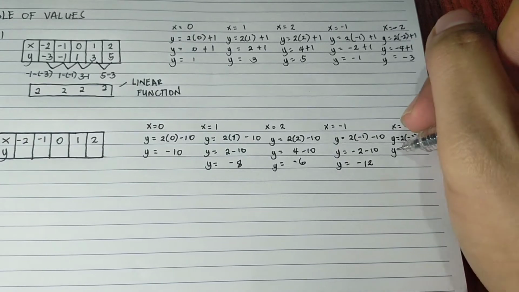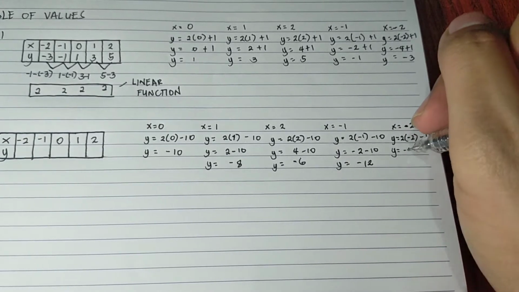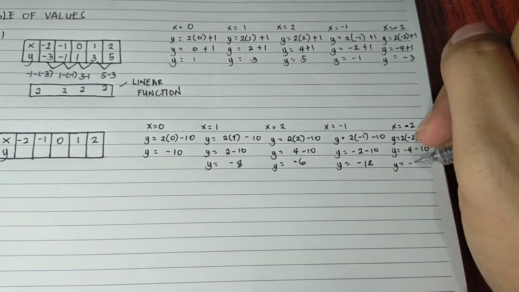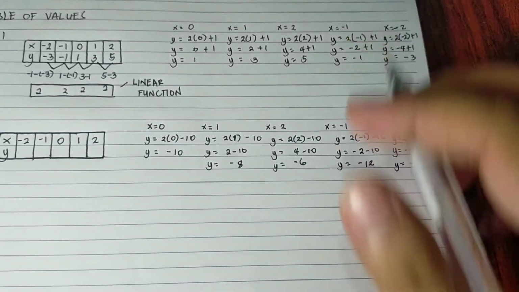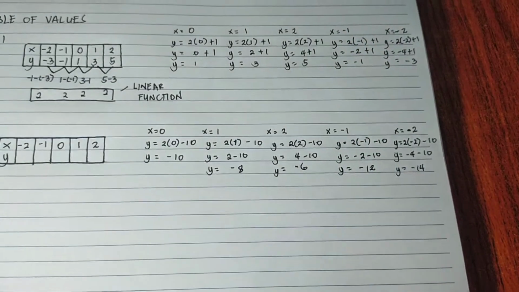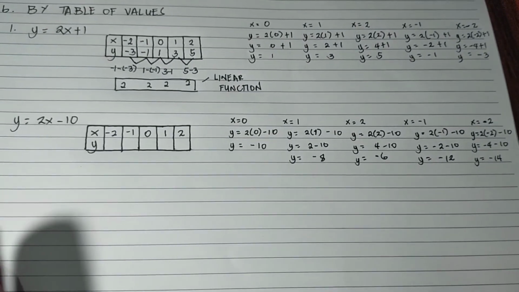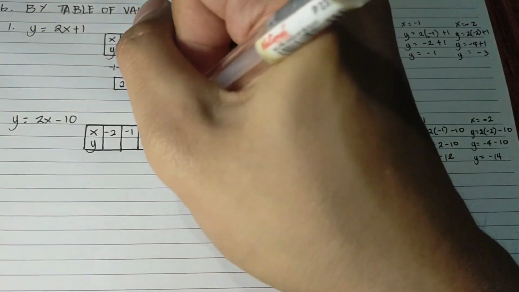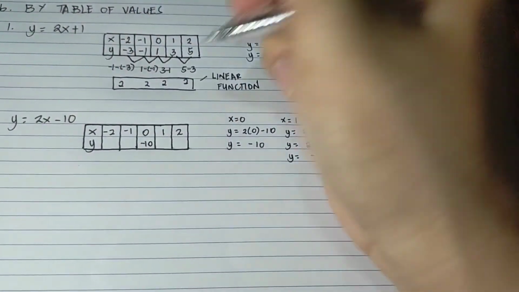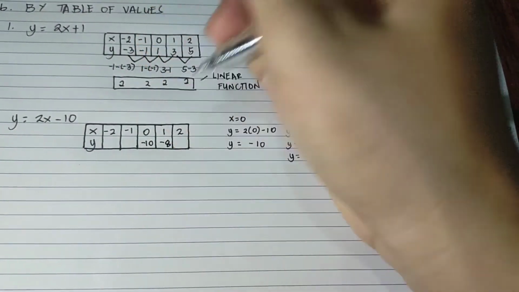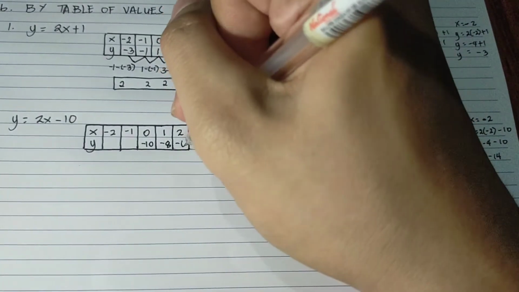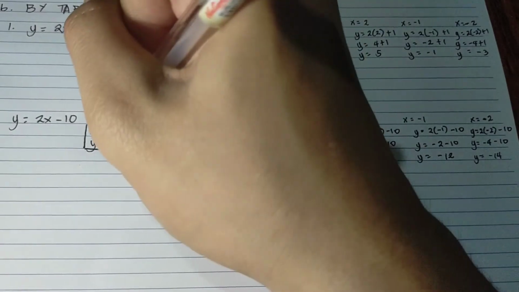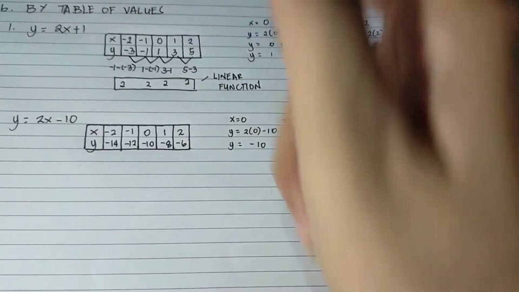So, y is equal to negative 4 minus 10. So, the answer will become negative 14. So, lagyan na natin siya dun sa table. Kung ang value ng x ay 0, the given y will become negative 10. This will become negative 8 and this is negative 6. Kapag negative 1 naman, negative 12 and negative 14.